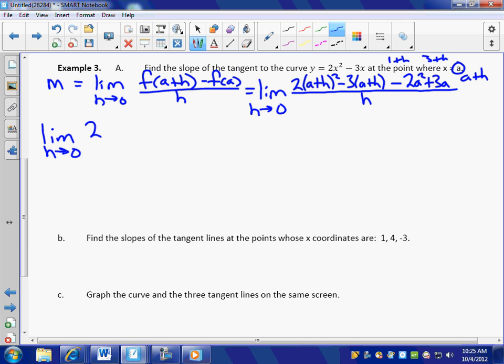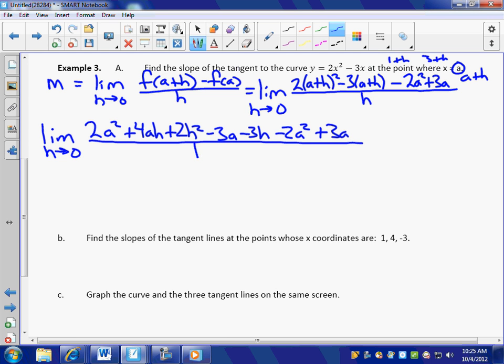I have 2a squared plus 4ah plus 2h squared minus 3a minus 3h minus 2a squared plus 3a all over h. So right now I FOILed out the a plus h, I distributed the 2, I distributed the 3, and I wrote all my terms.